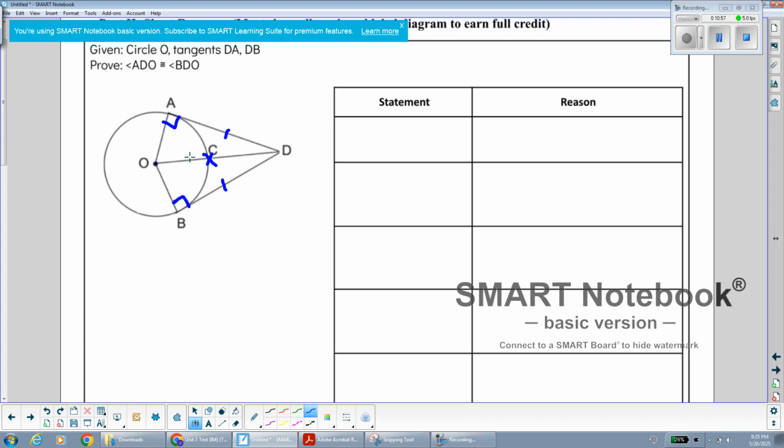There is another way that you could have done this. You could have used the fact that BO and AO are radii of the circle, and you could have said all radii of the circle are congruent, and that would give you SAS. I'm going to do it with HL. Okay, so I'm just going to write my givens.